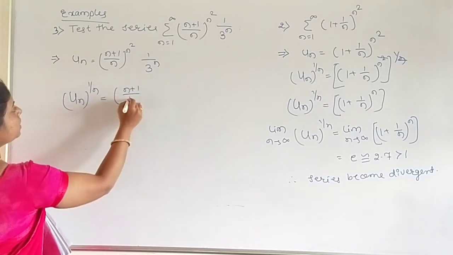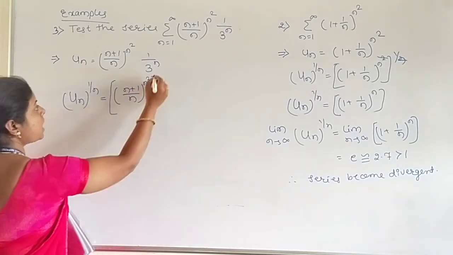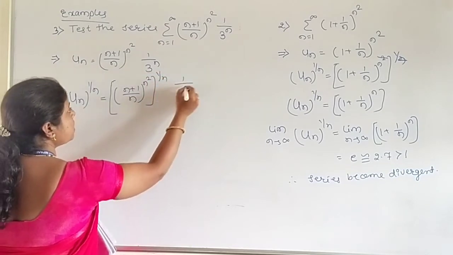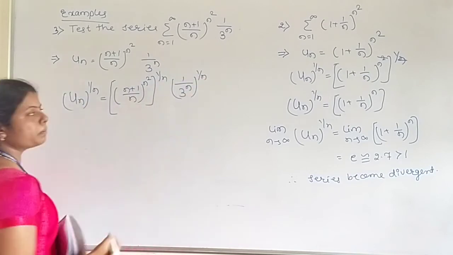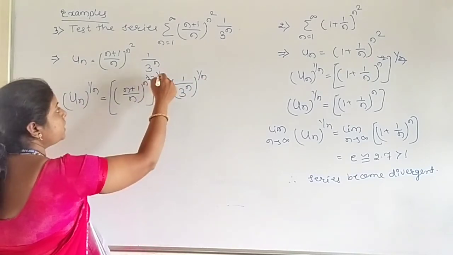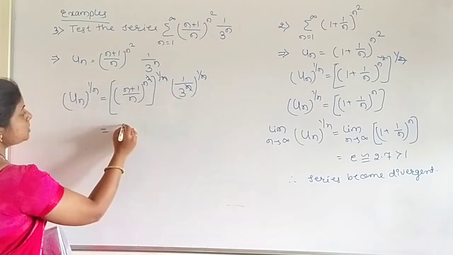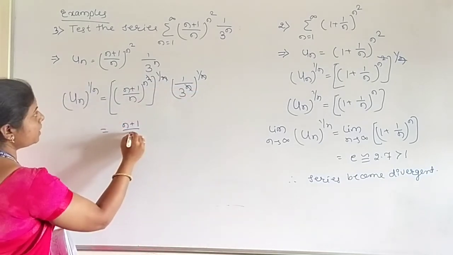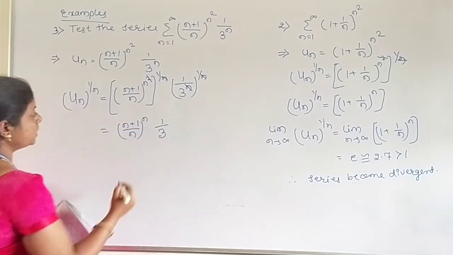The n term gets cancelled, and here n gets cancelled. This becomes (n plus 1) divided by n to the power n, times 1 by 3.